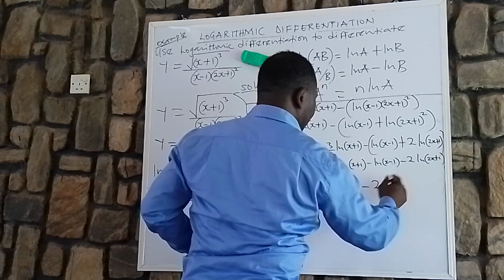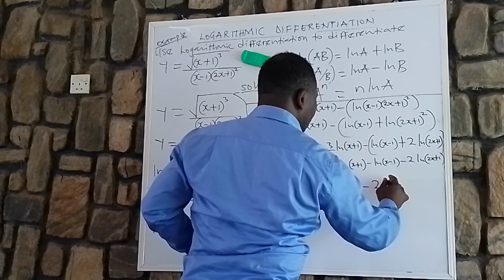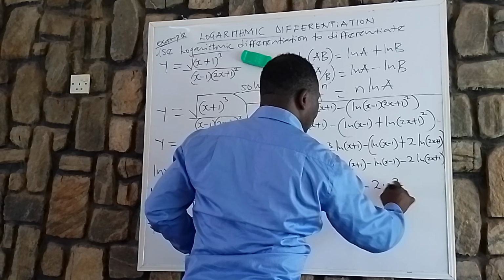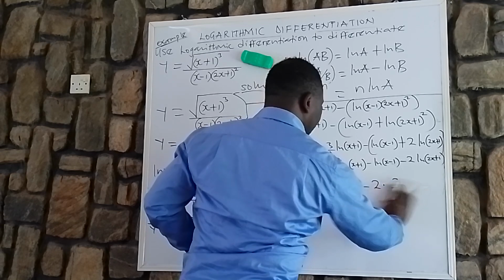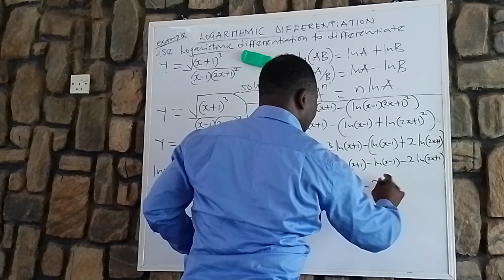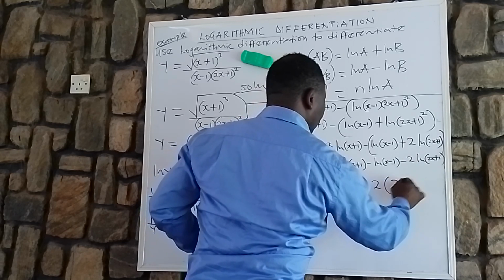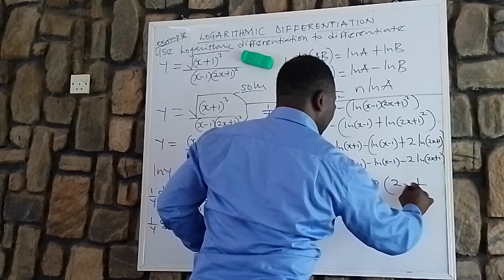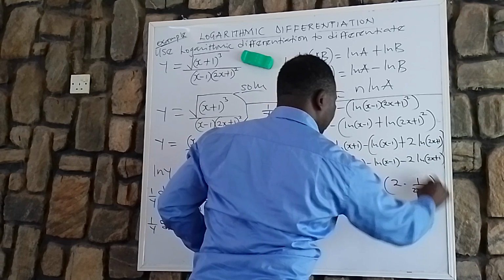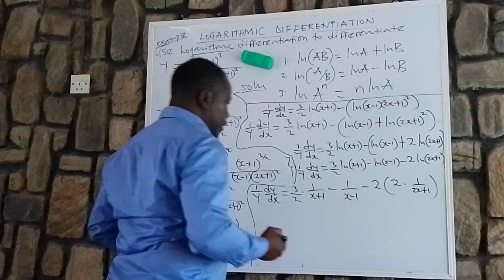It's going to give us, as I told you, 2 times 1 over 2x plus 1, so let's put a bracket here.